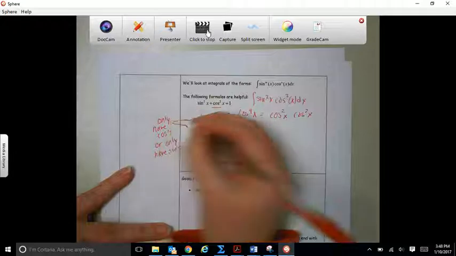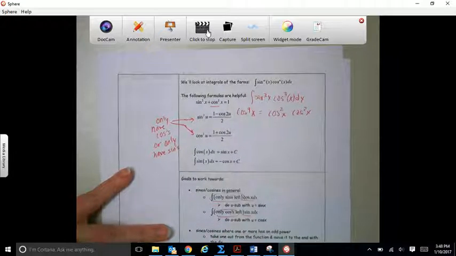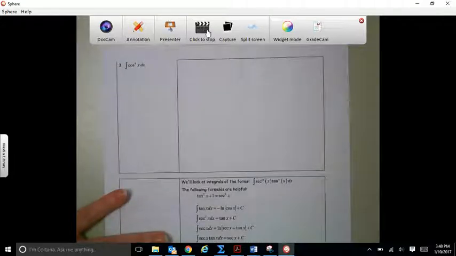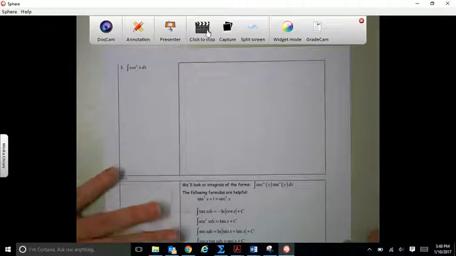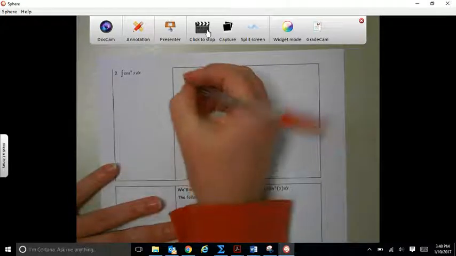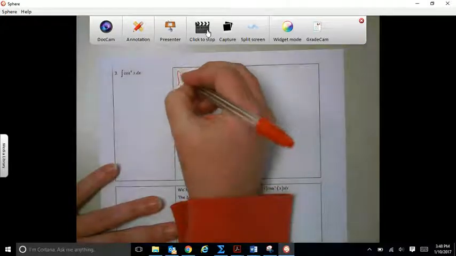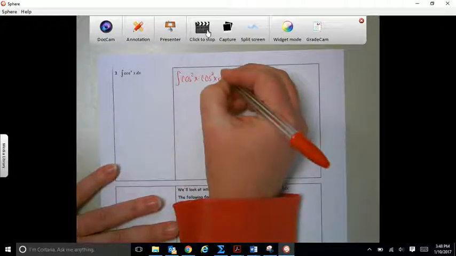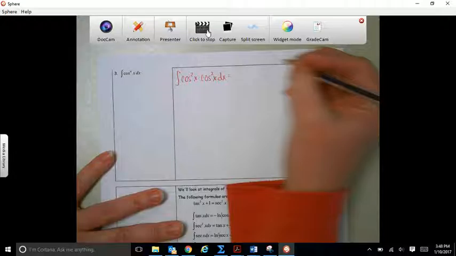So we're going to use those two formulas. Okay, so on this one right here, this cosine to the fourth, I'm going to rewrite it as the cosine squared times the cosine squared and write that formula twice.